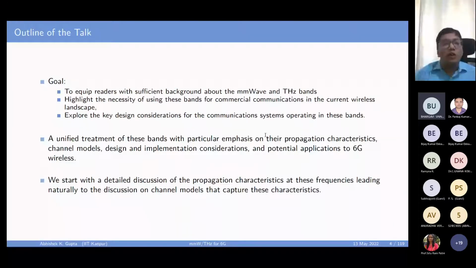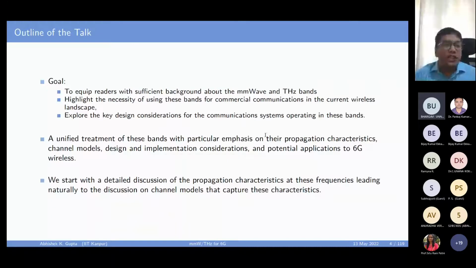So there are multiple bands, and there are little bit different technologies. So we want to give a unified treatment of these bands with a particular emphasis on what their propagation characteristics are, what their channel models are, what the design and implementation considerations will be, what implications we can get, how we can envision these systems, how they would look when they are applied, and what their potential application to 6G standards is.